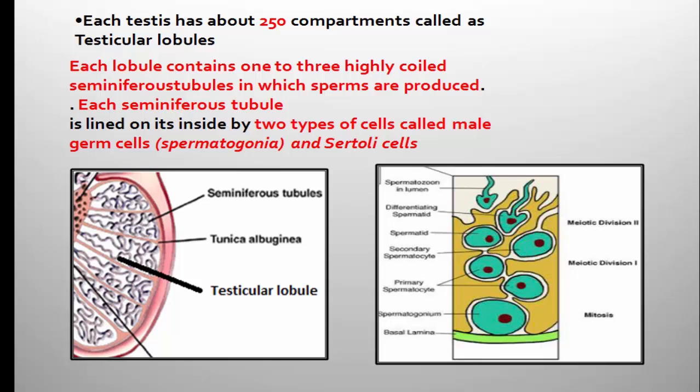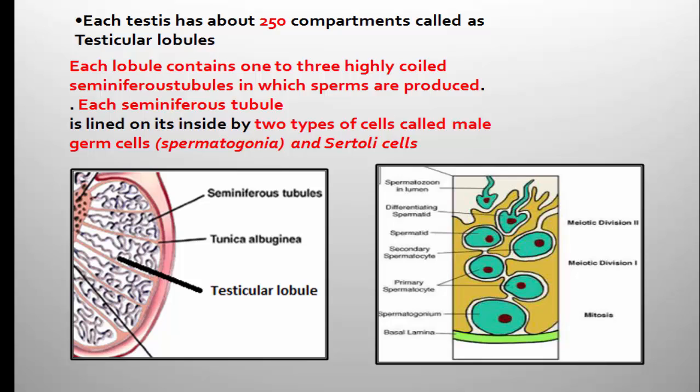The scrotum maintains a temperature lower than the normal internal temperature, about 2 to 2.5 degrees Celsius, and this helps in maintaining spermatogenesis. The covering of the testis is called tunica albuginea, and internally the testis is divided into 250 compartments called testicular lobules. So these are the things that I have explained in the previous video.